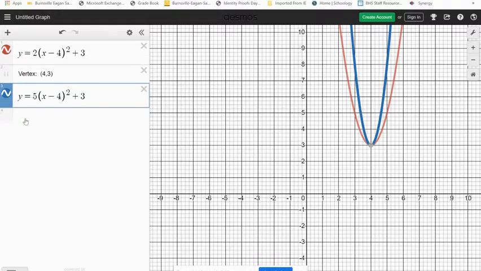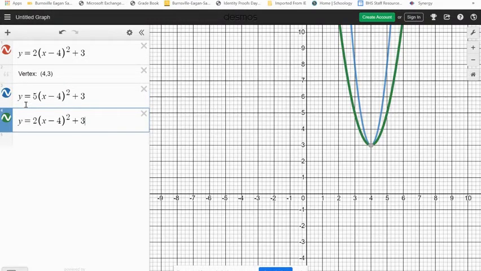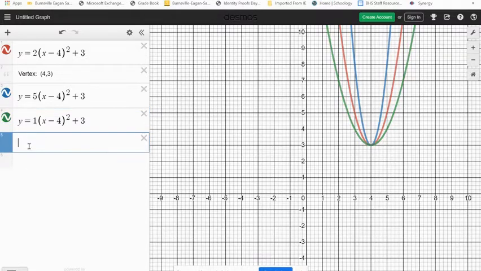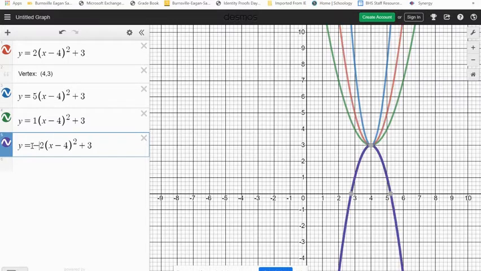Okay, let's try that again. I copy my original one, and I make this just a 1 in front. Notice that's a little bit wider, but it still opens up. Again, the vertex hasn't changed. This last one, what if we make this a negative 2? Well, notice the vertex is still here at 4, 3, but now the parabola opens upside down.